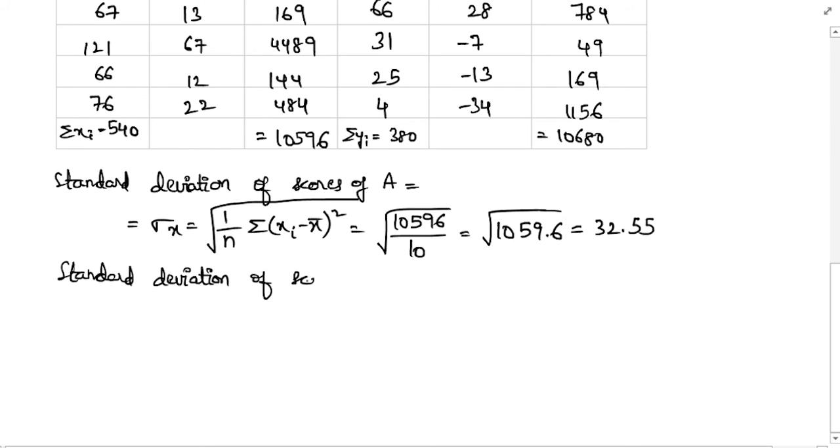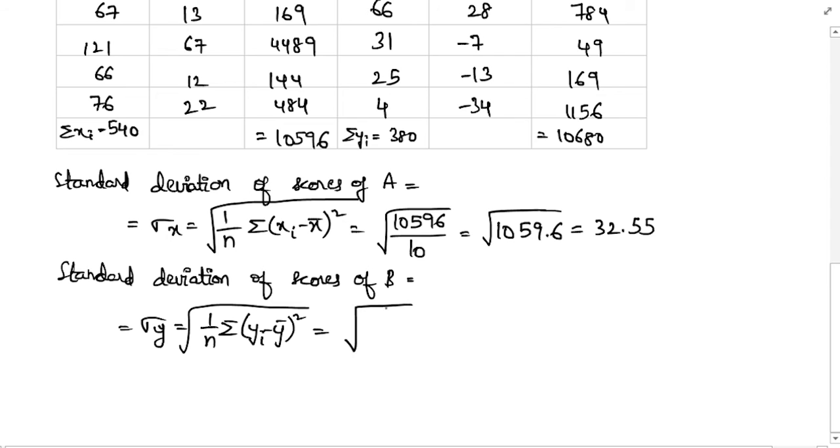Okay, so now standard deviation of scores of B, that is sigma y, is equal to root of 1 by n summation of yi minus y bar whole square, that is equal to root of 10680 divided by 10.